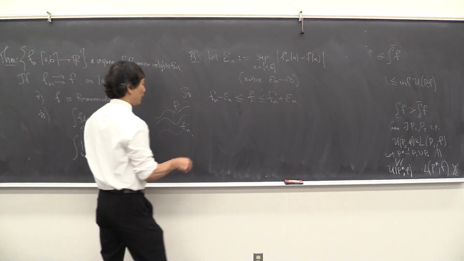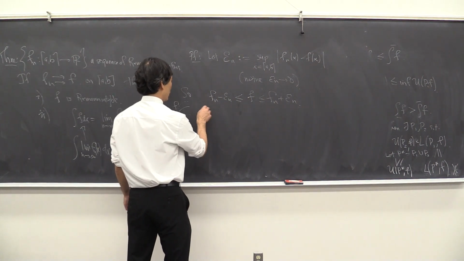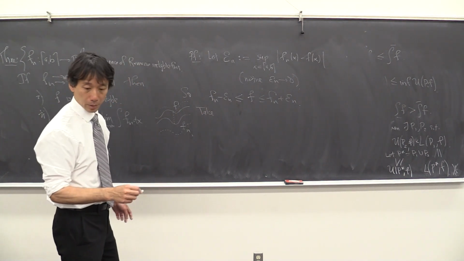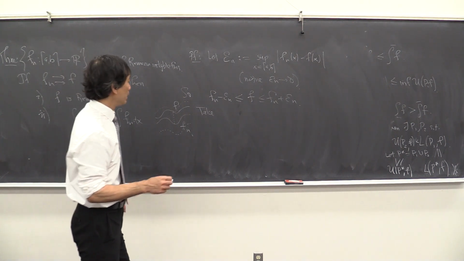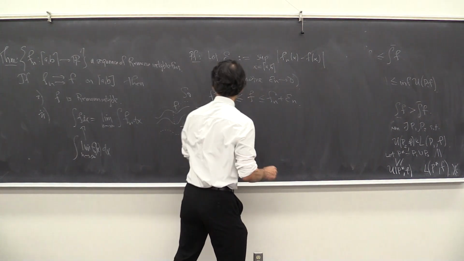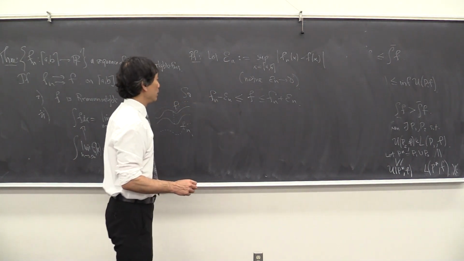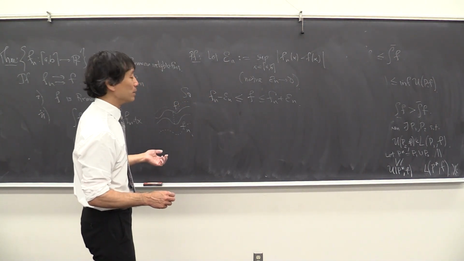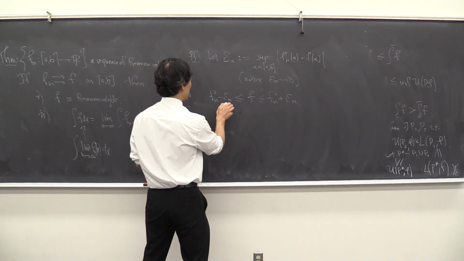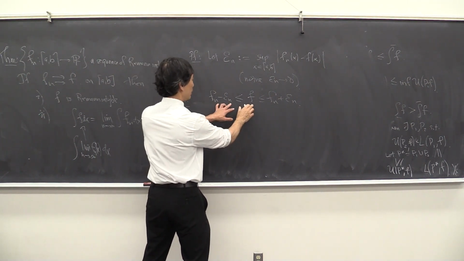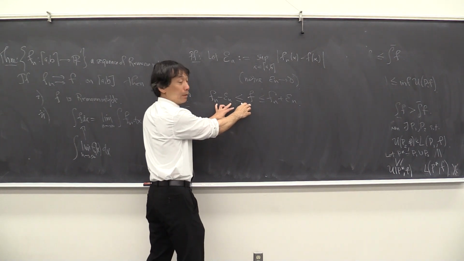Okay, so now we're going to take lower and upper Riemann sums of things. So we'll say, well, look, if we take the lower Riemann sum, we have this inequality here, right?